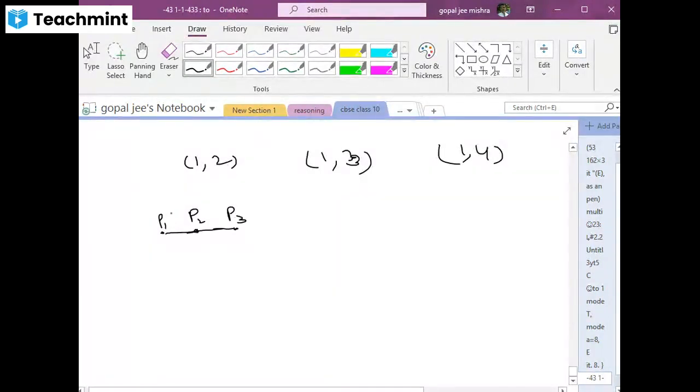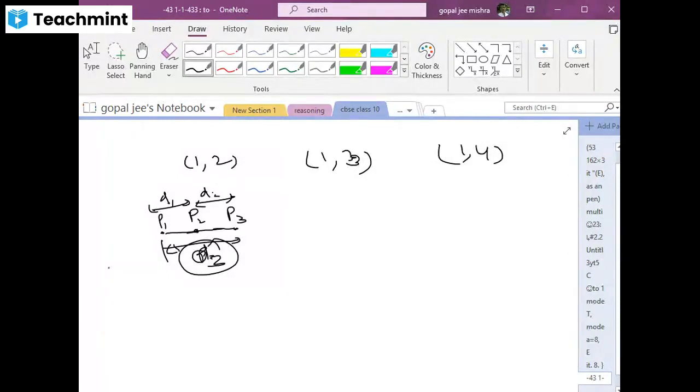Just by common sense we can observe here, you should determine the distance between P1, P2, the distance between P2, P3, and the distance between P1 and P3. Call them D1, D2 and D3. If these points are collinear, then the summation of D1 and D2 must be equal to D3. Otherwise, it will never be equal.